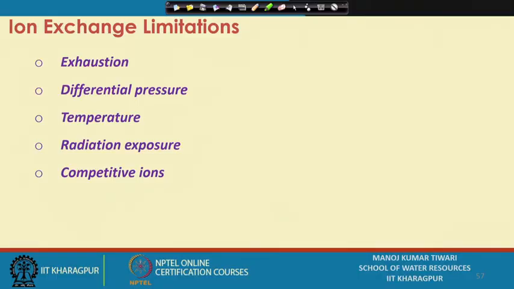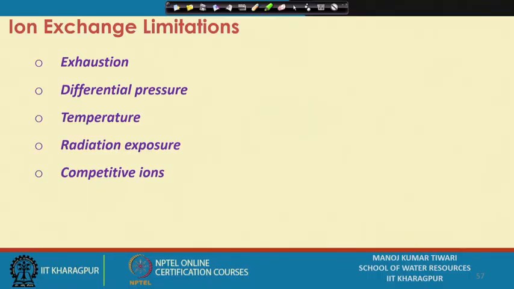If the temperature is high, these processes will not be suitable, because there will be higher solubility and higher kinetic energy in the system, affecting binding and attaching to the functional group, or for that matter adsorption as well. If your molecules have higher kinetic energy, they will not get easily adsorbed onto the surface. So it is better done at lower temperature, and higher temperatures are not good for ion exchange or adsorption processes.